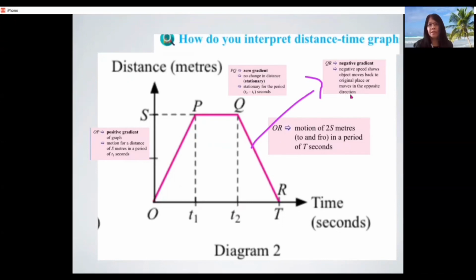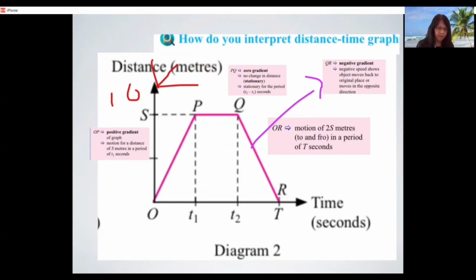And this one is to describe the journey: motion of 2S. Why do we say 2S? For example, your S, let's say your house to PGS, is 10 kilometers. If you come back, of course it will also be 10 kilometers.